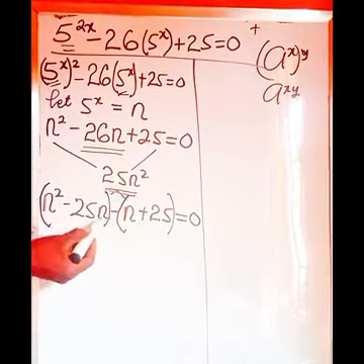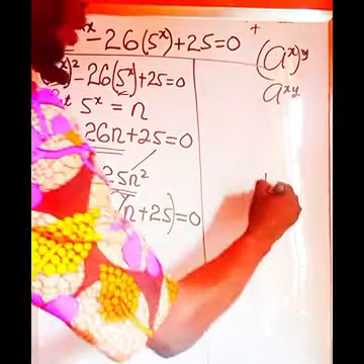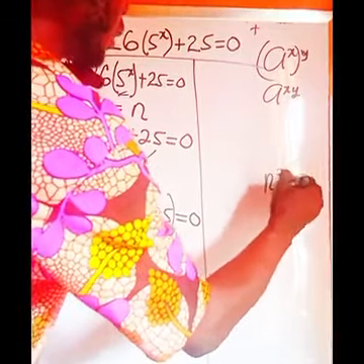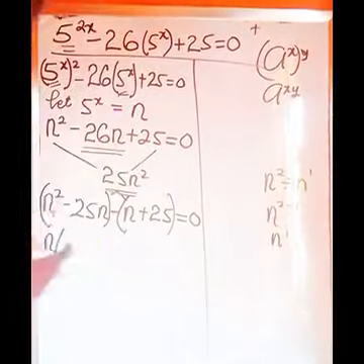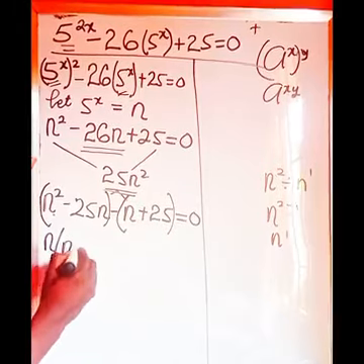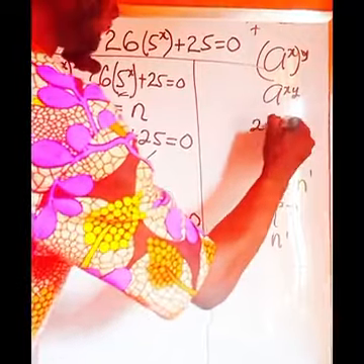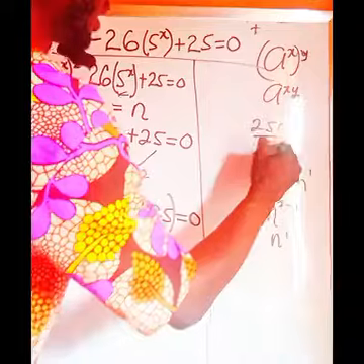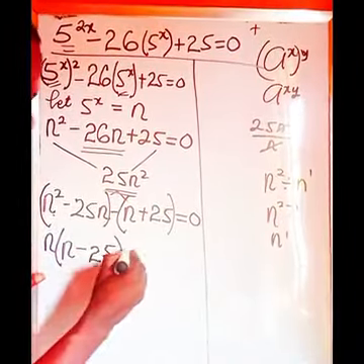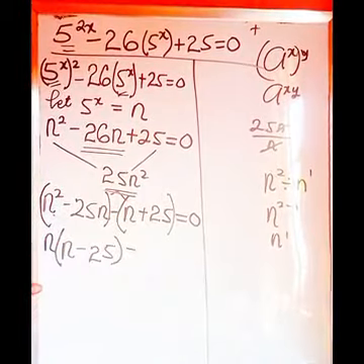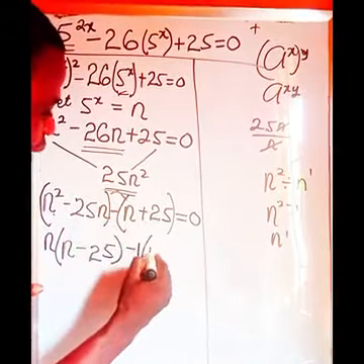Now let's group them this way and factorize. What is common here and here is n. So bring out n. n squared divided by n to the power 1 is n to the power 2 minus 1, so we have only n left. Then minus n divides 25n, n cancels and we're left with 25. Minus, what is common here is just 1. So 1 divides n is n.